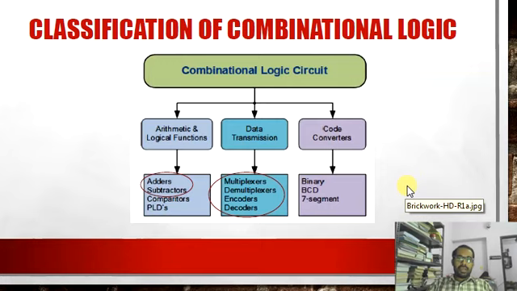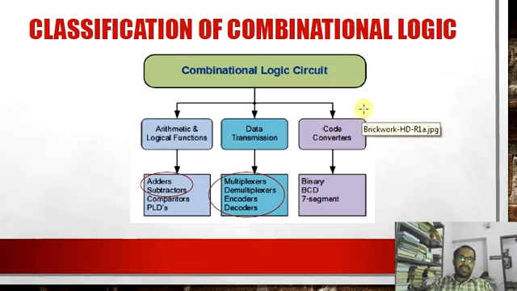Here you see different combinational logic circuits, which can be broadly classified into three categories. The first one is arithmetic and logical functions, the second one is data transmission, and the third one is code converters.